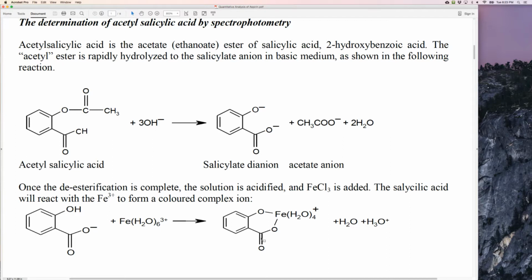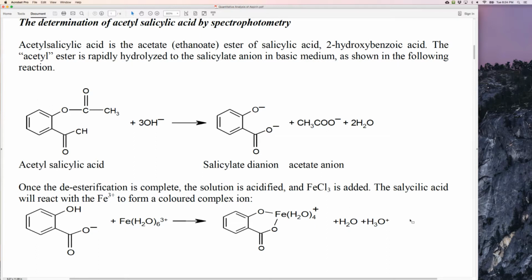We don't talk about these very much in General Chemistry 1, but in General Chemistry 2, you discuss transition metals and the complexes. But because of the bonding and because of the d orbitals and d electrons in the iron 3+ molecule, we actually see this create a colored complex ion because of those d electrons and the transitions that we've talked about in my class.